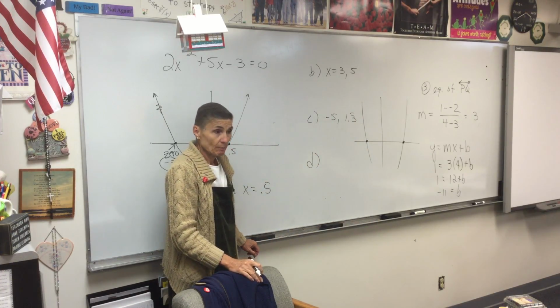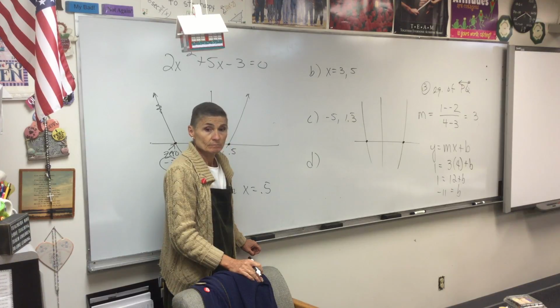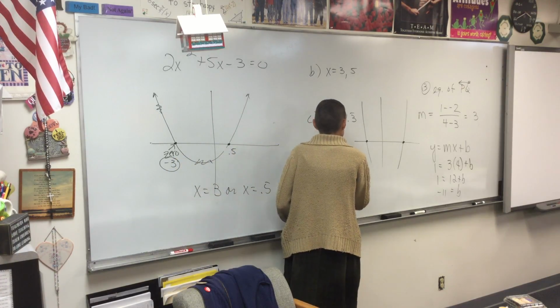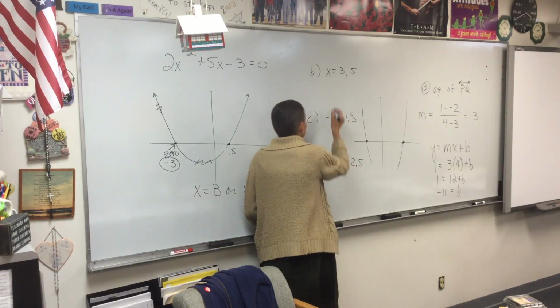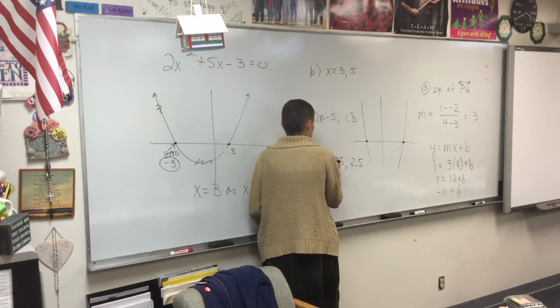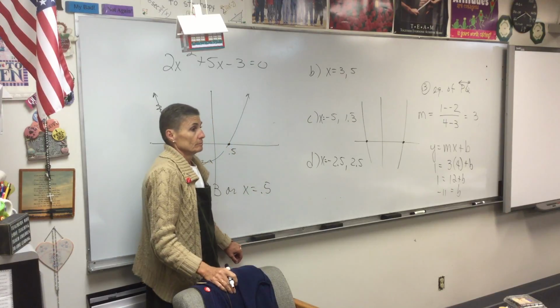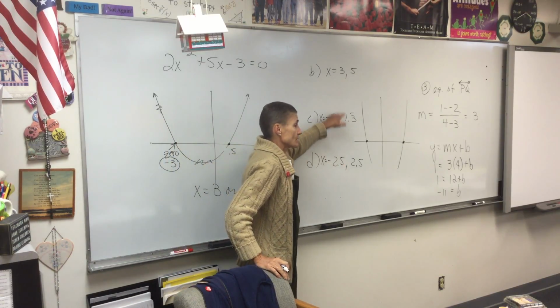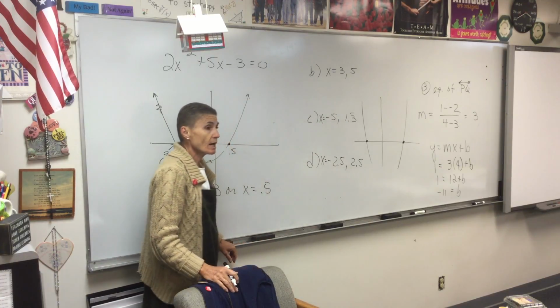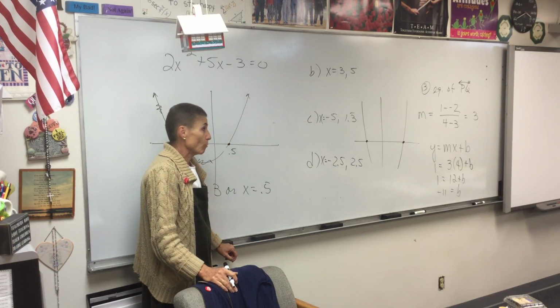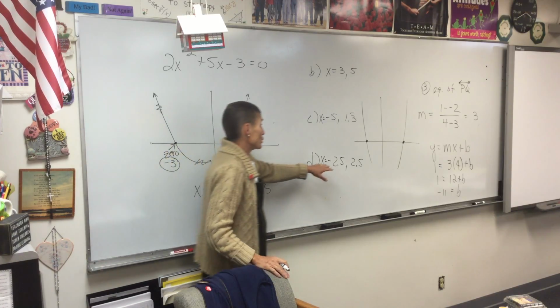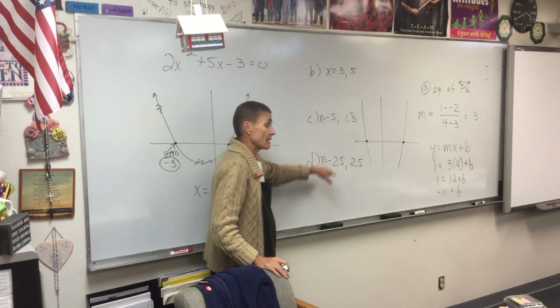Okay, and D, what'd you guys get? -2.5 and 2.5. Excellent. Now write down these answers, and then on your own time, go back and make sure when you have your calculator, you can get these answers. I believe they're correct.